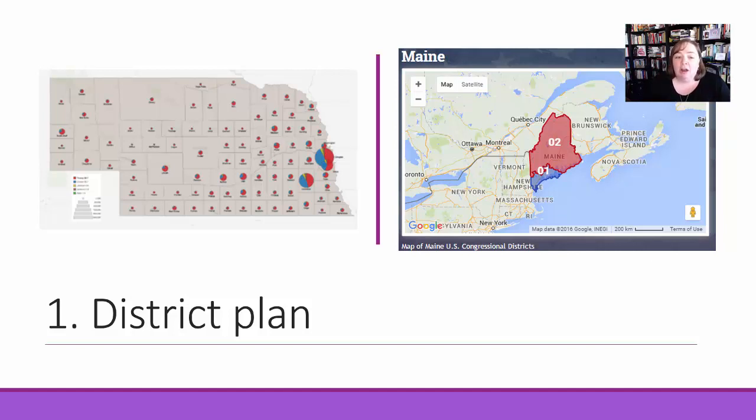So in 2016, all of the Nebraska districts voted a plurality for Donald Trump. So even though Nebraska used the district plan, all of those votes went to Donald Trump. But in Maine, there was one congressional district that was different than the rest of the state, the second one. So Donald Trump got one of Maine's 4 Electoral College votes. Hillary Clinton got the other 3.